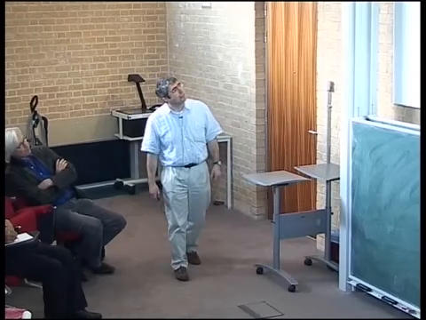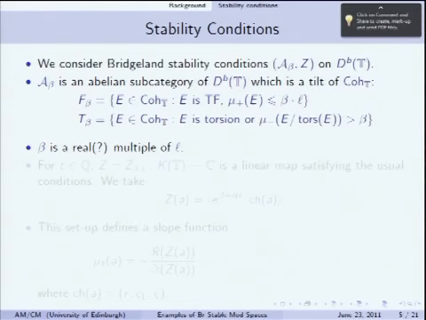In the usual way, we have a free part, F_beta, where we take the torsion-free sheaves whose maximal slope of Harder-Narasimhan filtration is bounded above by beta, a kind of slope number, if you like, and a torsion part, T_beta, which consists of the torsion sheaves, or sheaves where the free part has its mu Harder-Narasimhan filtrations bounded below by beta. So beta is a rational multiple. Actually, if you want a continuous manifold, of course, you need a real multiple, but for us rational is all we want to think about.